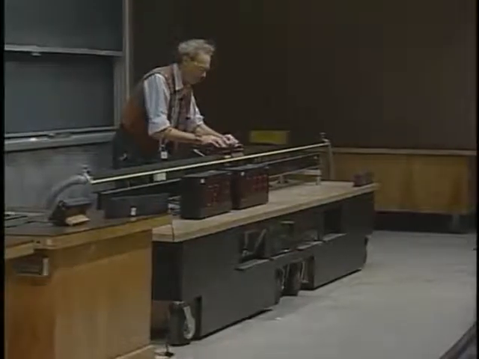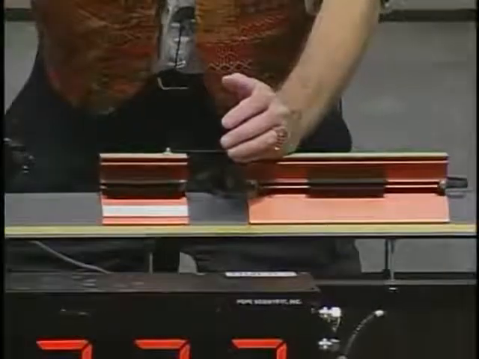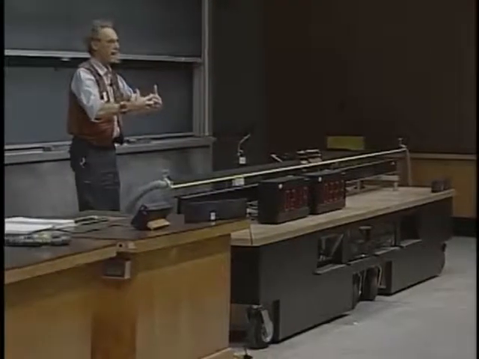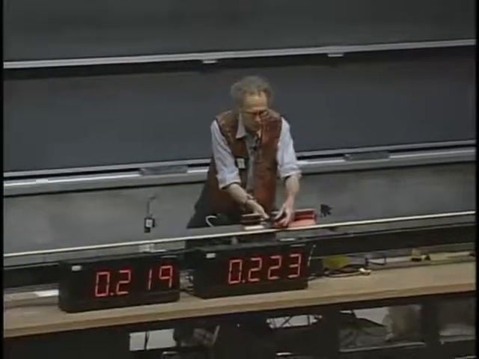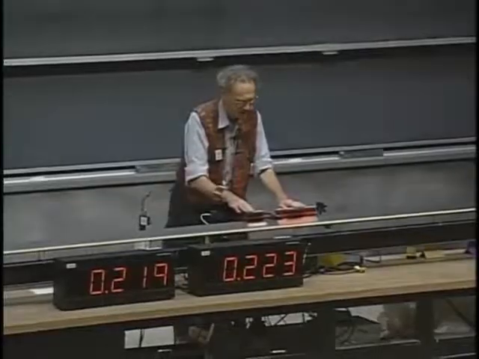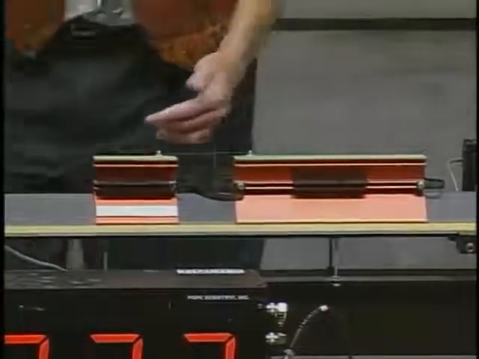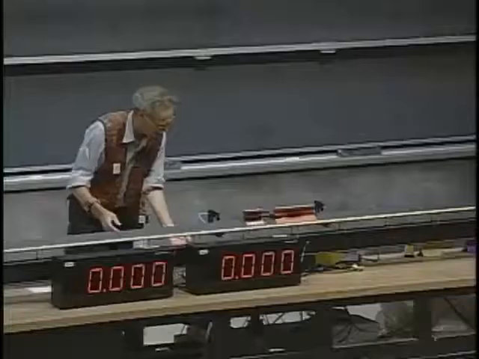So I do the work now. I always do the work here in 26100. I squeeze these springs. I get paid for that, by the way. And that's potential energy if it goes into the spring. There it is. Momentum is 0. Kinetic energy is 0. I have to zero the timers.